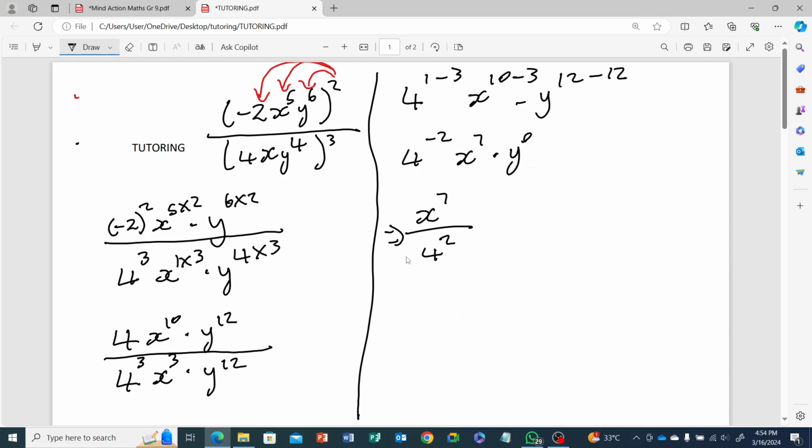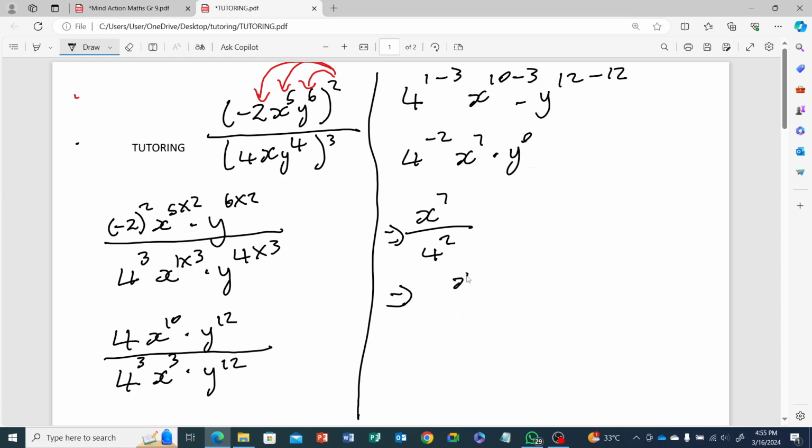Okay. Now the instruction says simplify the following and leave your answer in exponential form. Remember, I said you could have changed this 4 into a 2 instead. So even here, you will need to change this back to a 2 because it says you need to simplify. It's not simplified yet.